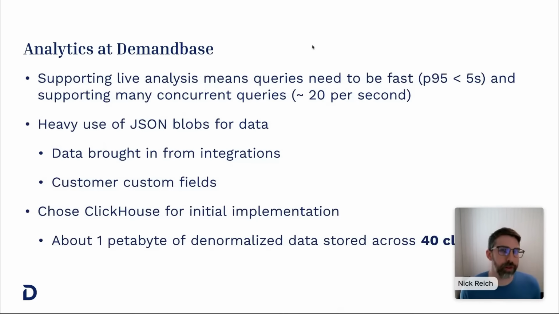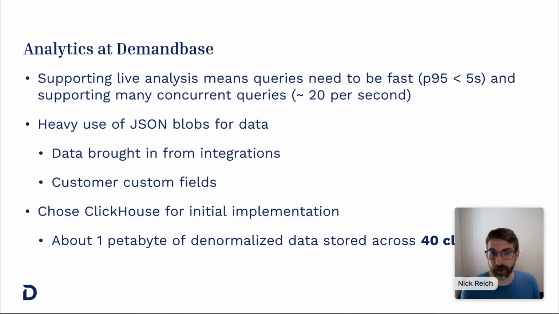So these reports that we're doing, they're live in the UI, and so doing live analytics means our queries need to be fast, right? Nobody wants to open a web page to get a report, walk off to get a cup of coffee, come back and hope that the page is finally loaded. So we need to be reasonably responsive. But we face greater challenges because of all that customizability.